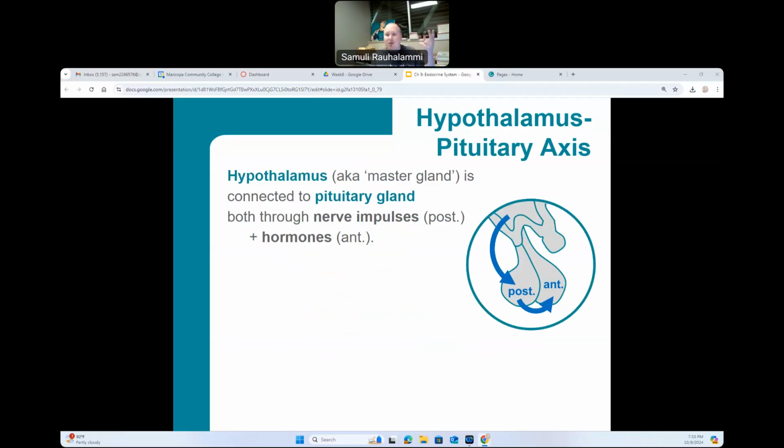In addition to that, the second way the hypothalamus controls the pituitary gland is through hormones. Again, we're seeing that one hormone triggers another hormone, which triggers a third hormone, and so on. This hormonal control is especially relevant to the anterior pituitary gland portion. So let's unpack this a little bit more.